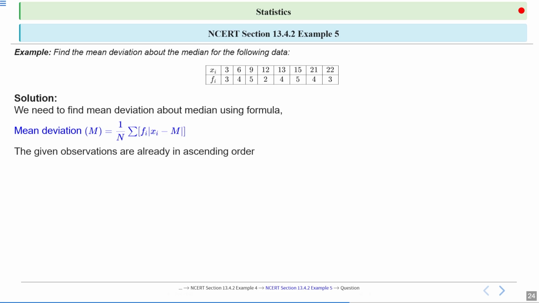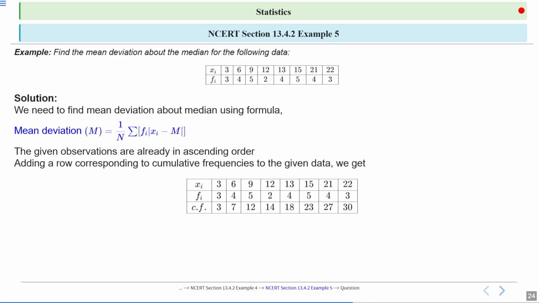The given observations are already in ascending order, so we don't need to arrange the given data in ascending order. Adding a row corresponding to cumulative frequencies to the given data, we get this table.